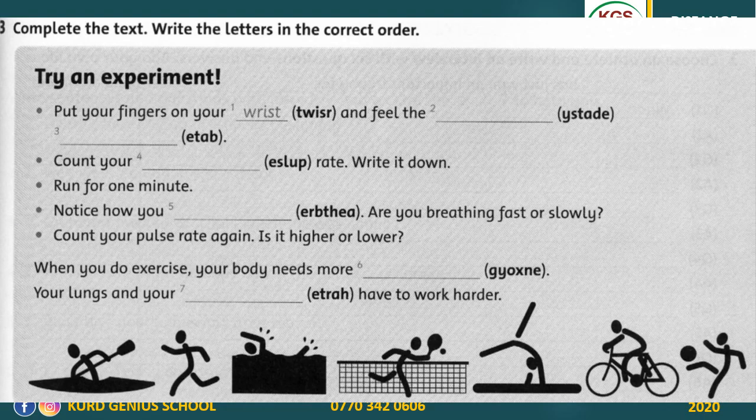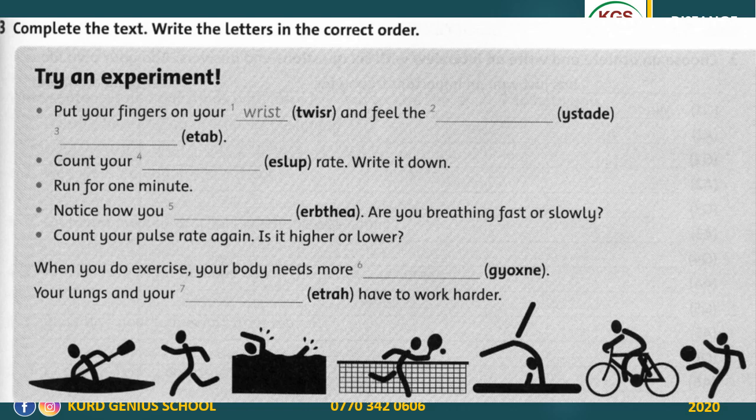Now, let's move on to the next exercise. It says, complete the text, write the letters in the correct order. These words are all taken from the text pulse rate on page 78.